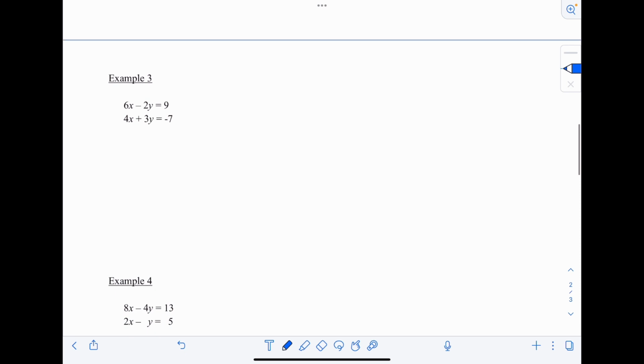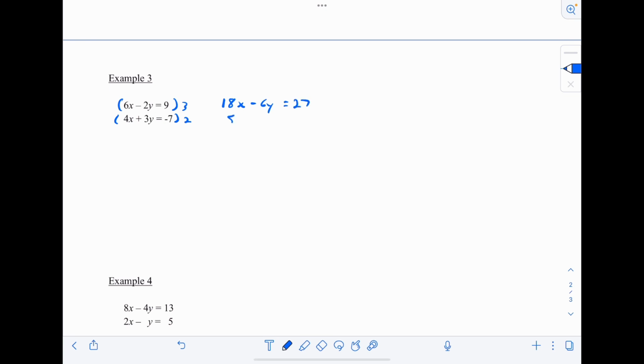All right, well, let's do the next one then. So again, similar idea. In this case, we're just going to multiply, for example, the top equation by 3. Multiply the bottom equation by 2. And work it out just like we did the last example. So 18x minus 6y equals 27.